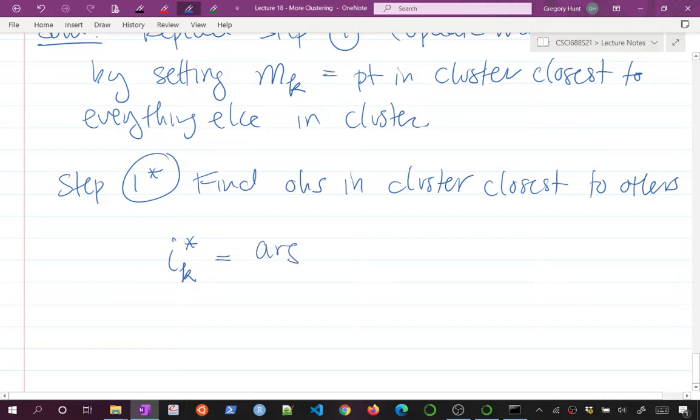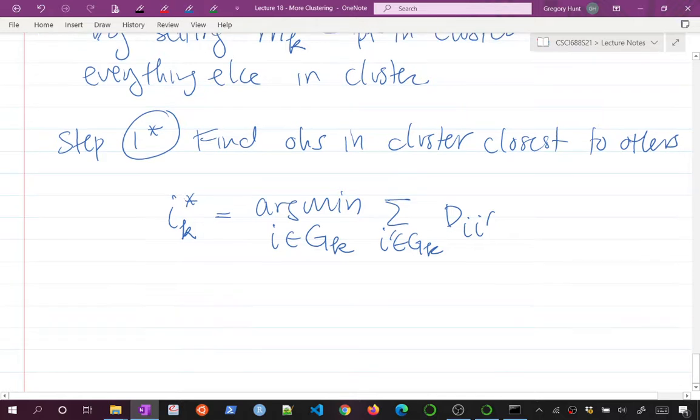We're basically solving the problem of looking over all the things in our kth cluster and looking at the total distance of some other i primes to i. So we look at all i in our cluster, what's the total distance of i to everything else in the cluster, and we choose for that cluster the i that's most centrally located.